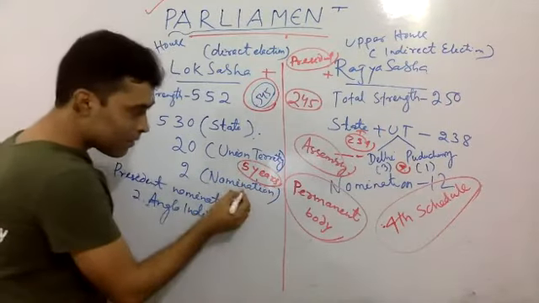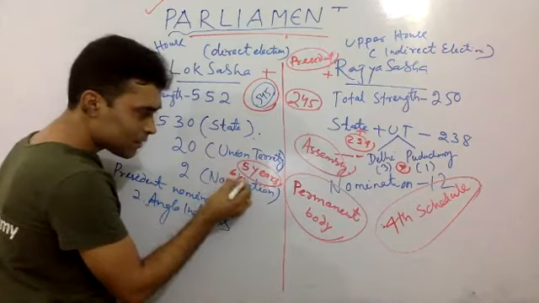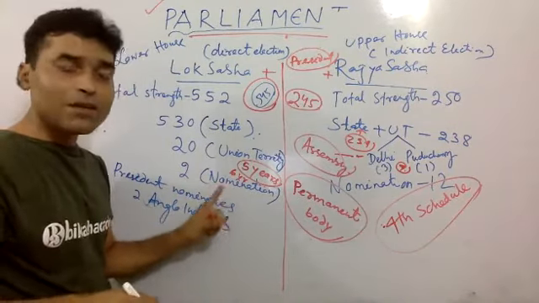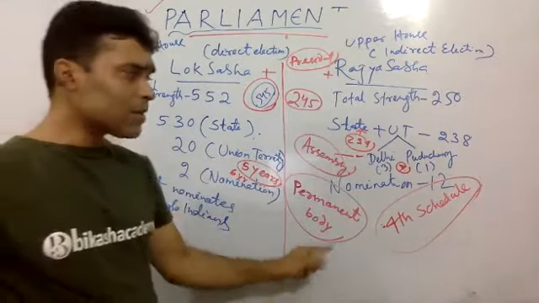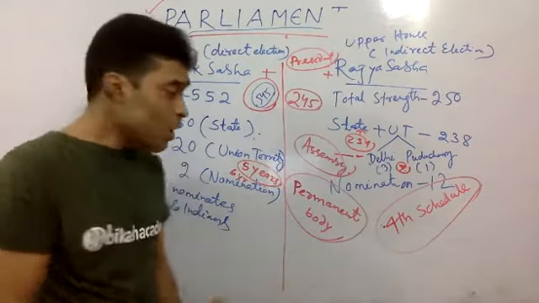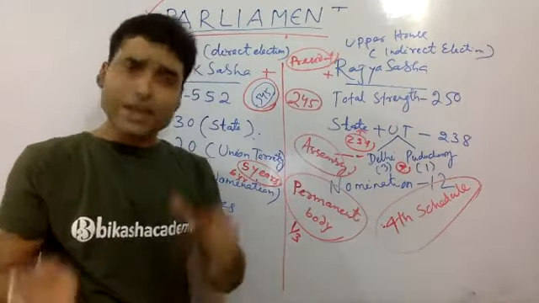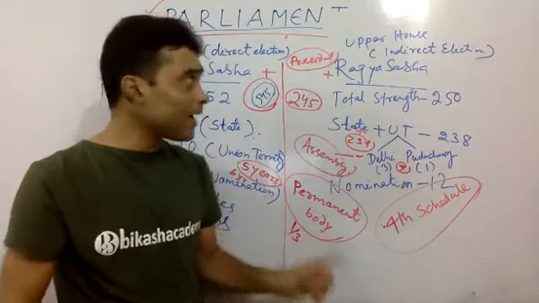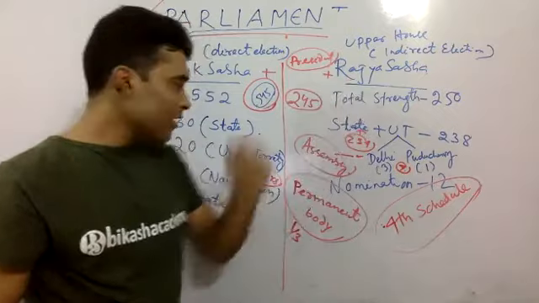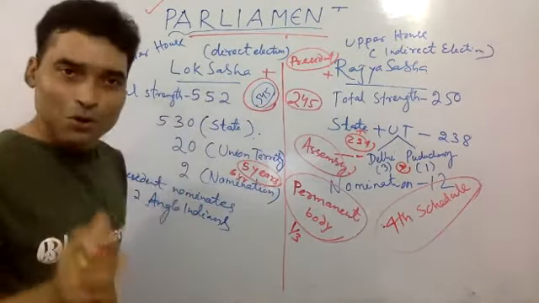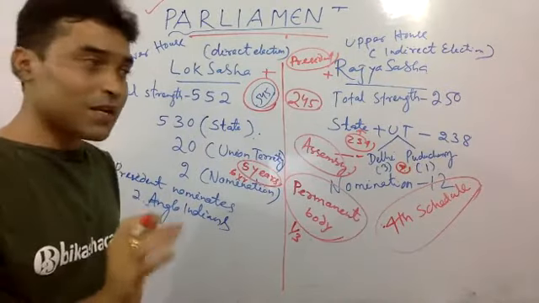That means it can be 6 years during emergency, right? And this house is permanent. However, 1/3 members retire after 2 years. They can be re-elected again to the Rajya Sabha. And here, the members can also be re-elected to Lok Sabha, right? I hope this is clear.